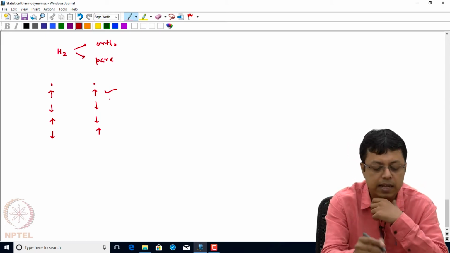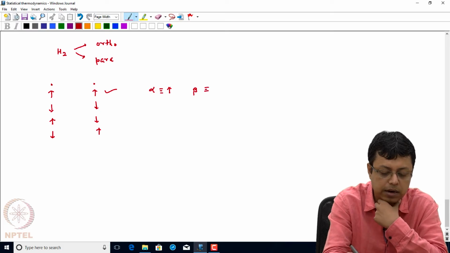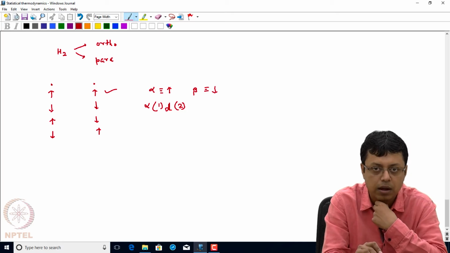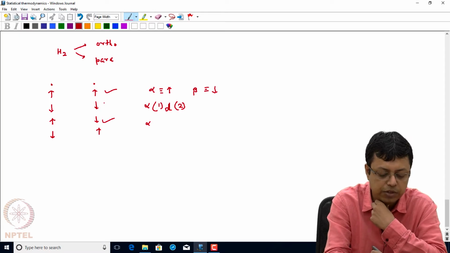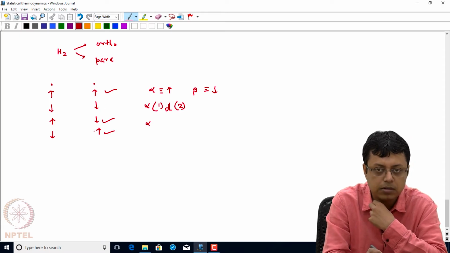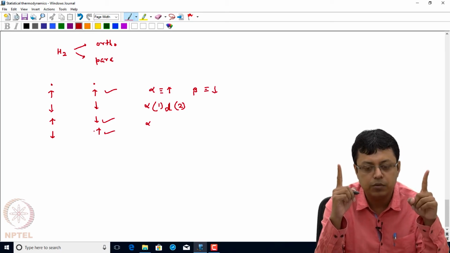If I call the up spin alpha and the down spin beta, then you can easily figure out that if I have nucleus 1 in the alpha state and nucleus 2 in the beta state, and I interchange these 2 numbers 1 and 2, it doesn't keep the spin part of the wave function the same. So I have a problem, because nuclei are indistinguishable. You cannot say which one is the up spin and which one is the down spin.